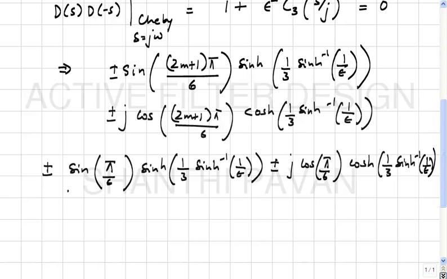And then the only thing that keeps changing is this becomes sine 3 pi by 6, then this becomes cos 3 pi by 6.